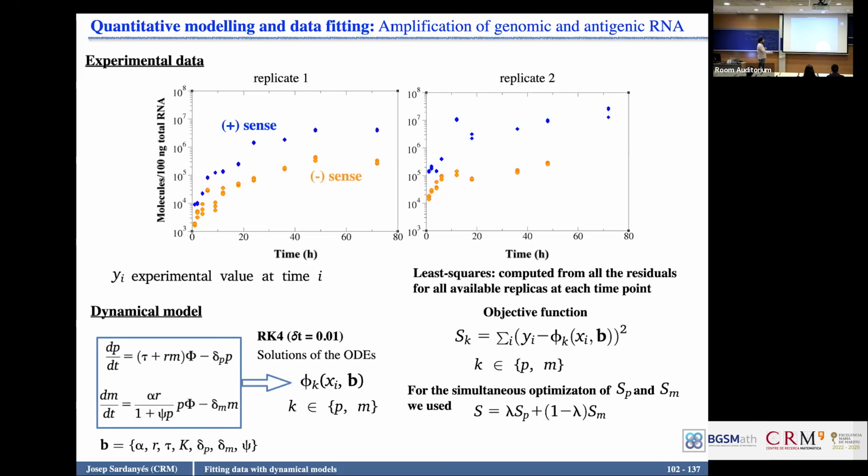For example, imagine that you have many more points for S_P than for S_M. Then it is better to weight the fitting toward the curve for which you have more data, more points.